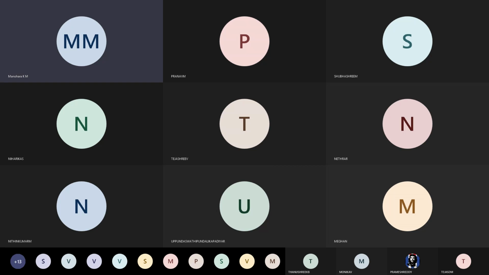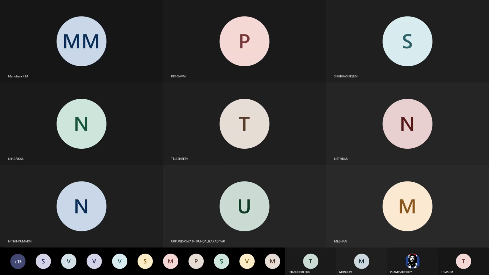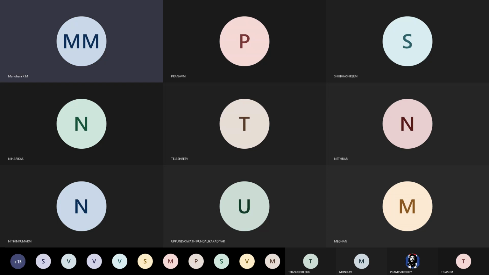So here we have one table for the codebook for the transmission on antenna ports 0 and 1.